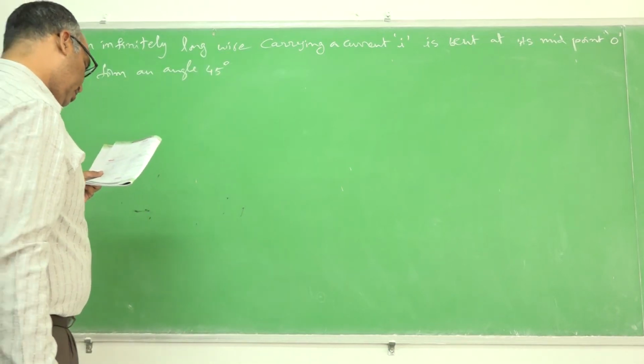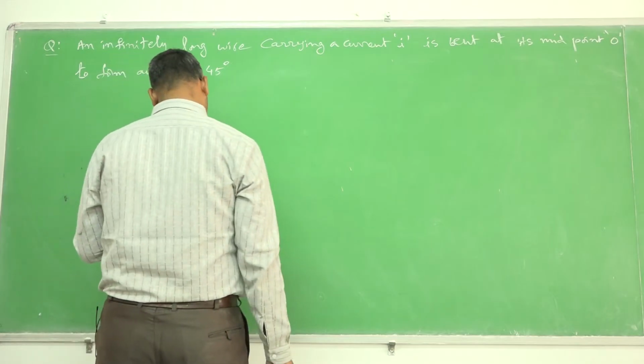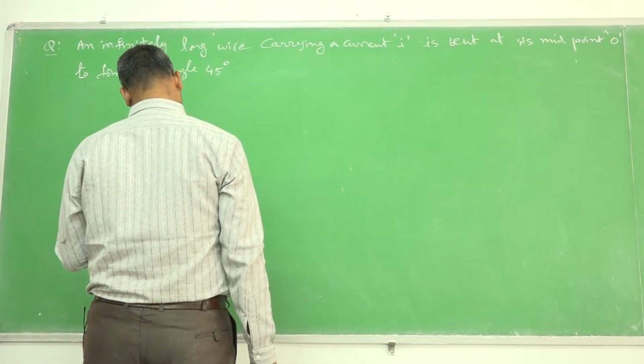P is a point at a distance r from the point of bending.